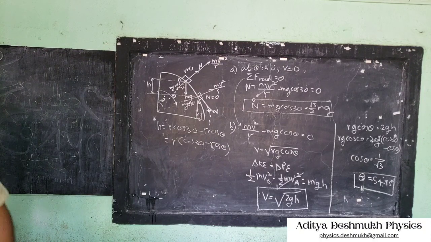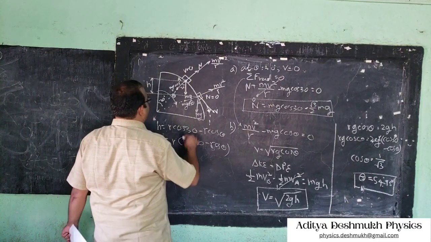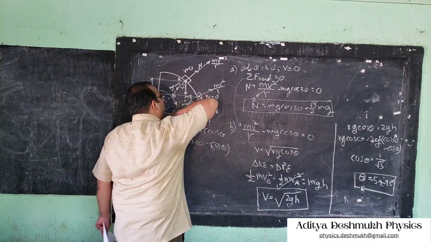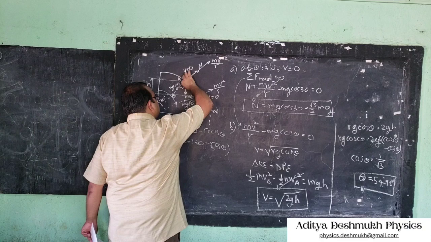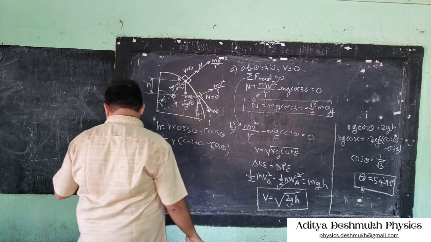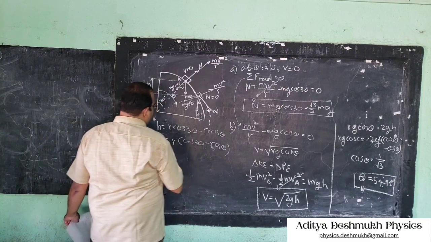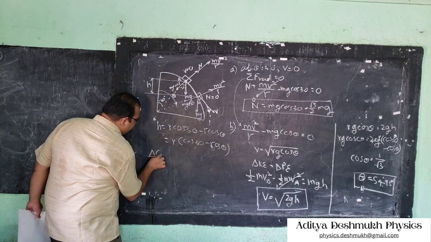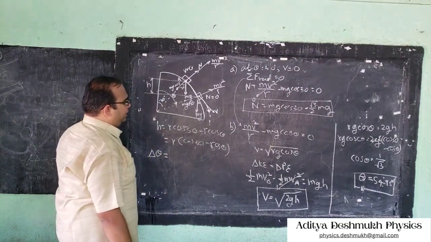So the question asks for displacement, not this. In the question I have been asked to find distance, so I will have to find the length of this curve. For that I will have to find delta theta.